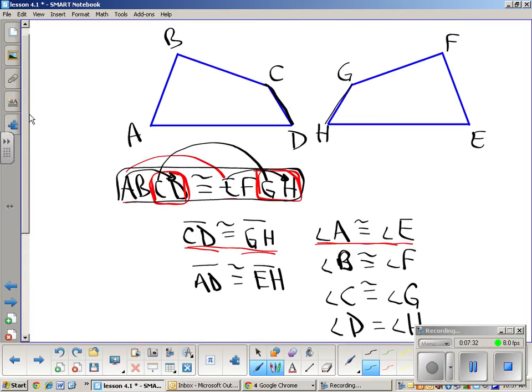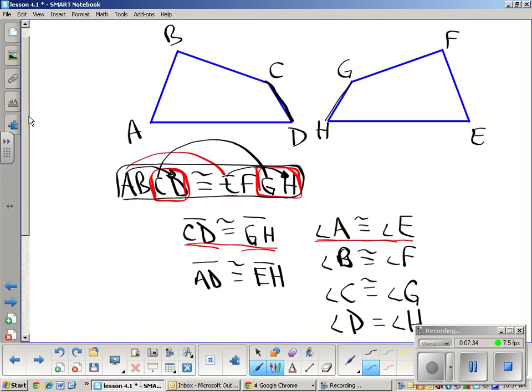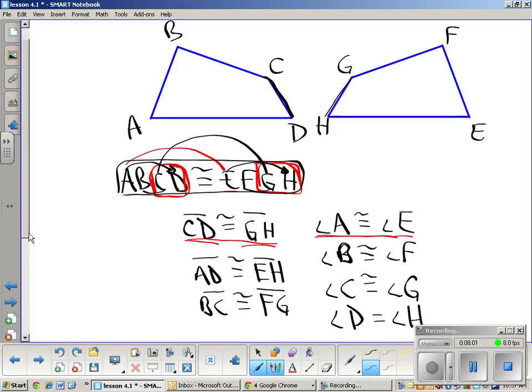What is one more? There's only two more. Segment BC is congruent to segment GF or FD. FG. BC is the middle two, so FG, the middle two. Okay? And then the last one? AB, right?